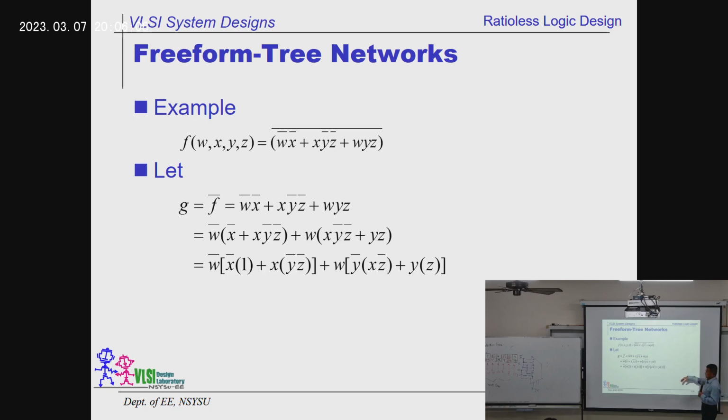So check this out. In the first decomposition, we decomposed W. And then in the second level, X. And then it's decomposed to Y. All right? W, X, W, Y. So we can do it randomly.